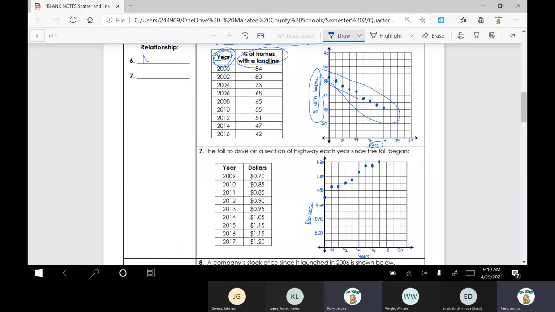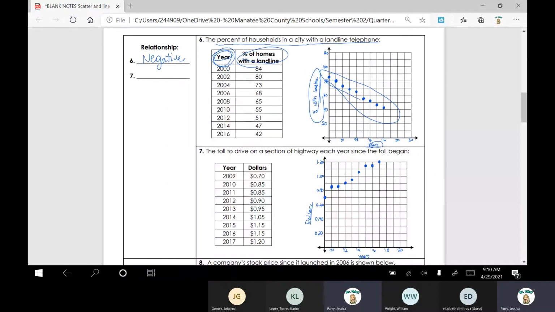It is a negative correlation. So you can see in like 2004, there was, let's see here, you can even look here, 73% of homes had a landline, whereas like 2016, it was only 42%, okay?